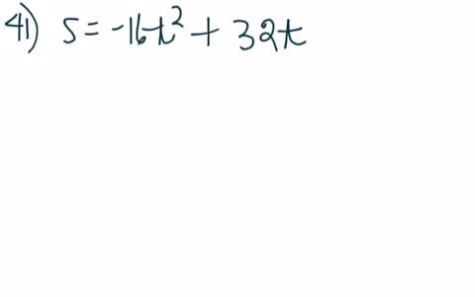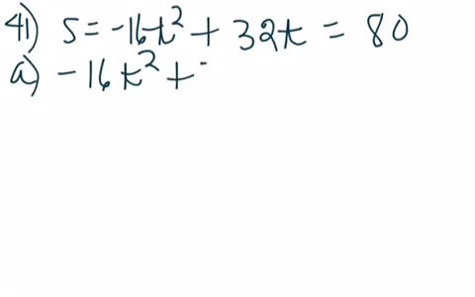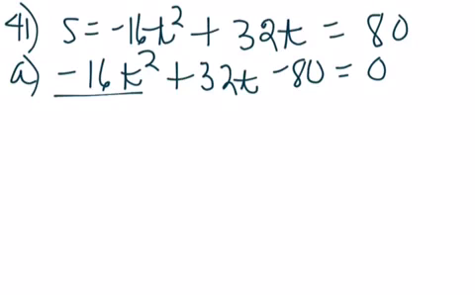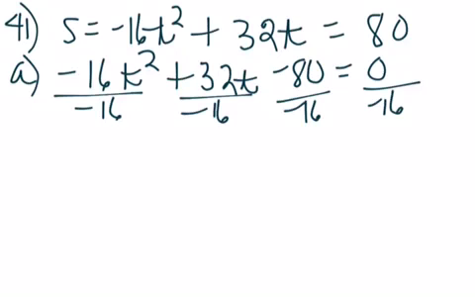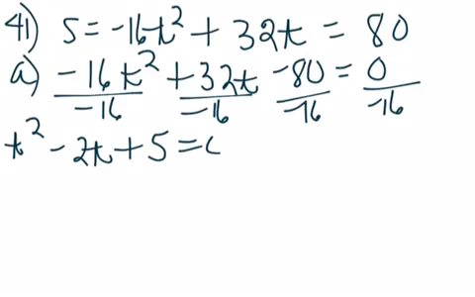And we want this to equal 80 for part A. Well, we need everything on one side, so negative 16t squared plus 32t minus 80 equals 0. Everything will divide by 16 again, so divide by negative 16 so that we have smaller numbers. So we have t squared minus 2t plus 5 equals 0.